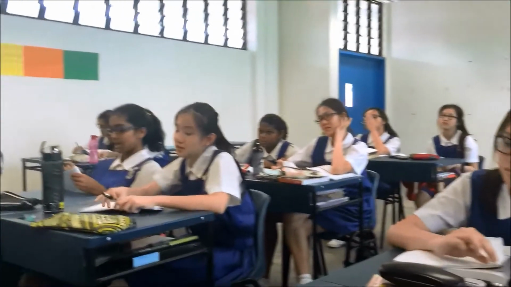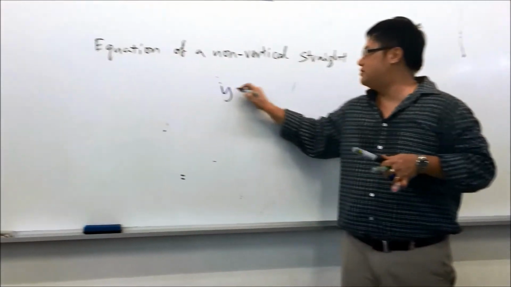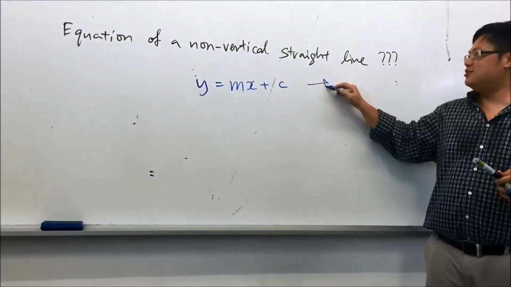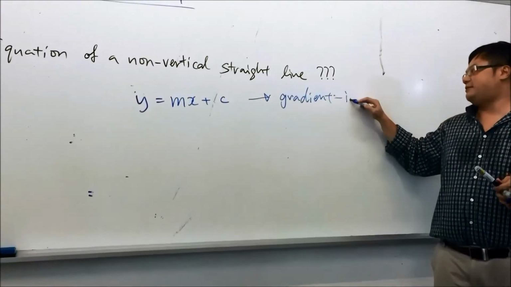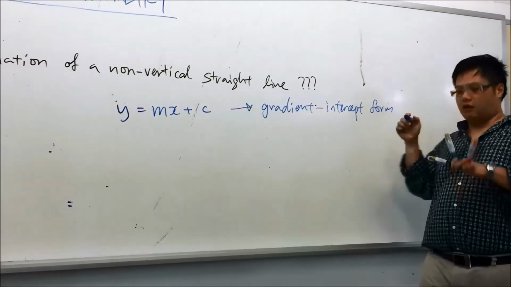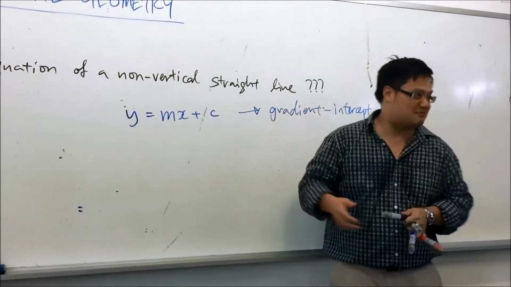It is y equals mx plus c. Very good. This is commonly known as the gradient intercept form. So every time we say gradient intercept form, what we mean is actually y equals mx plus c.